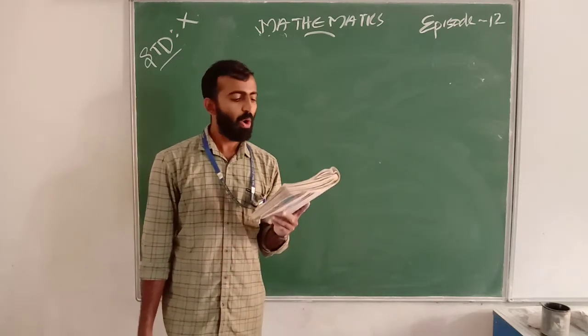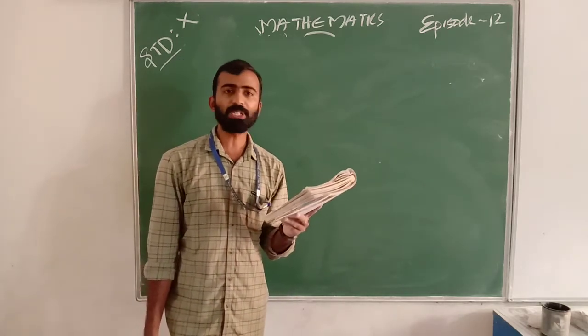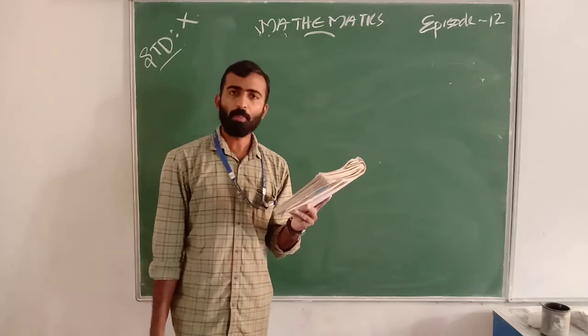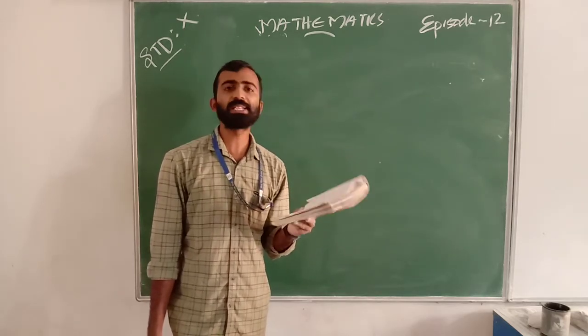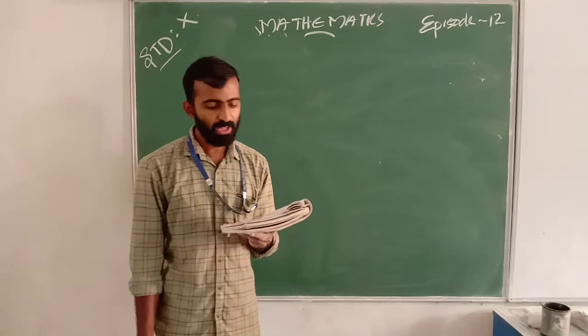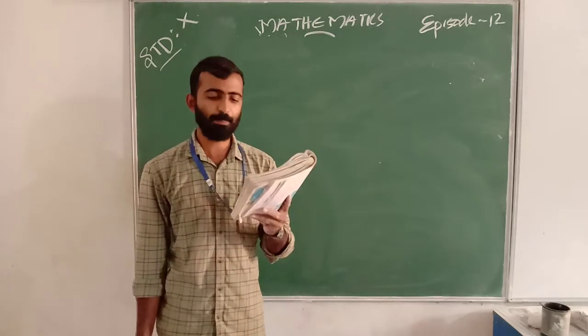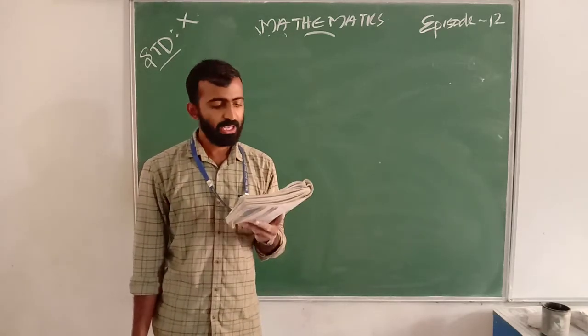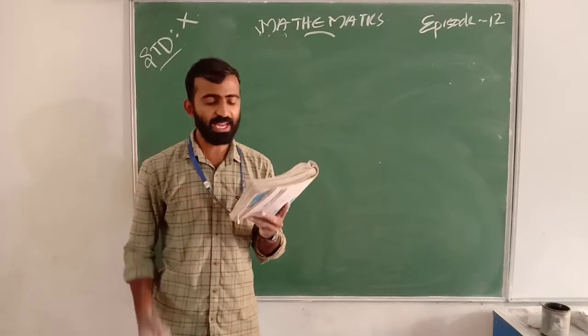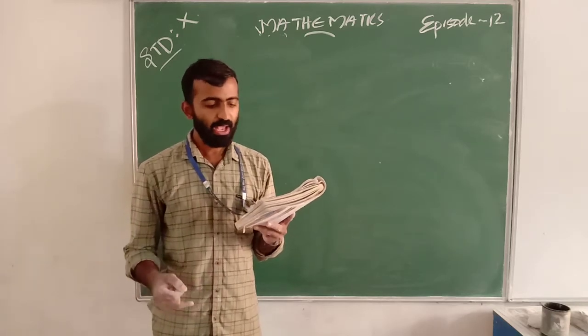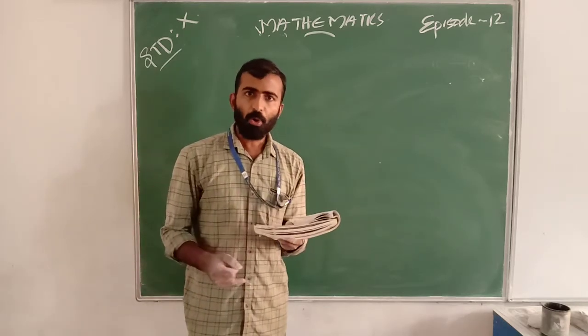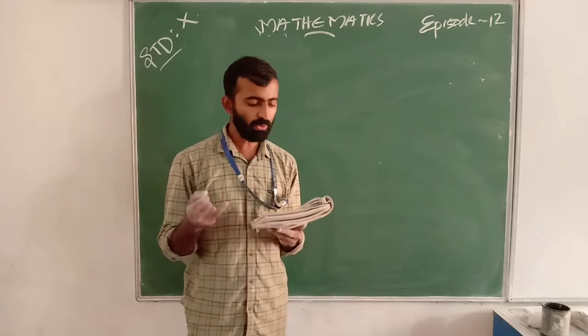One more time. On comparing the ratios a1 by a2, b1 by b2 and c1 by c2, find out whether the lines representing the following pairs of linear equations intersect at a point, are parallel or coincident.